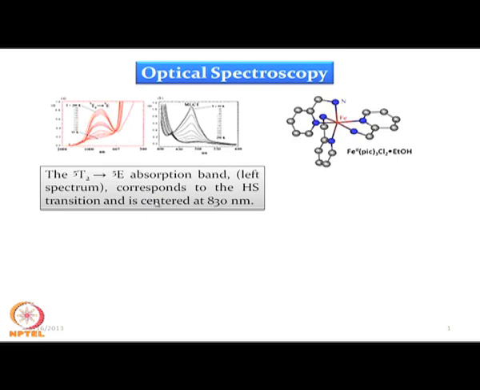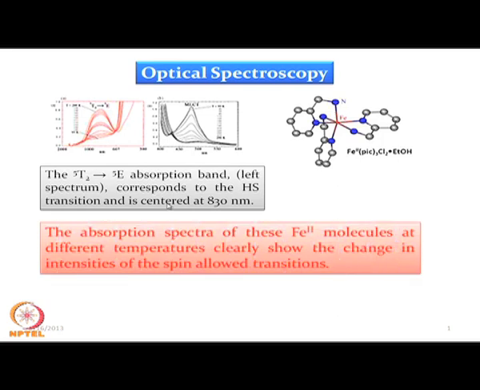So, we should be able to characterize the compound as a high spin compound only, and at this temperature range one band is diminishing and another is increasing. That immediately tells us that this high spin compound is also not stable with this particular temperature change, and can be transformed to the corresponding low spin variety with the change in temperature.